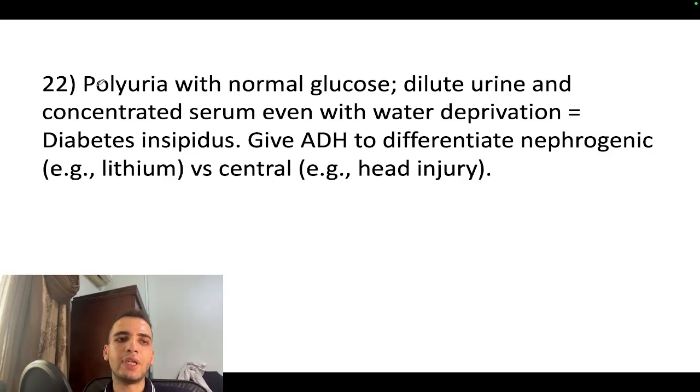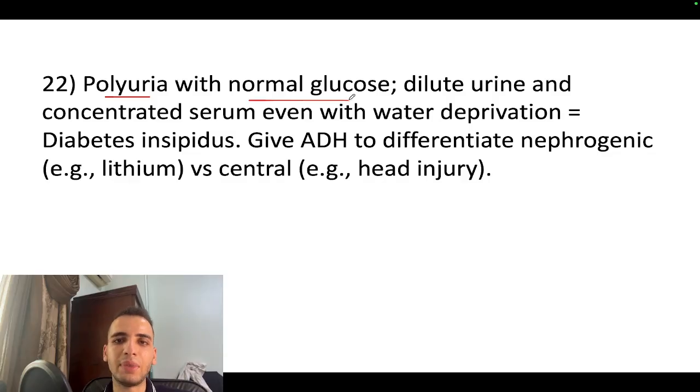If you see polyuria and it's not diabetes, usually it's either diabetes insipidus or psychogenic polydipsia. If they told you when we stop him from water or when we prevent water from him and the problem is not solved, usually it's diabetes insipidus, meaning ADH is not working, so ADH is not absorbing water, so all the water is dropped down into the urine.